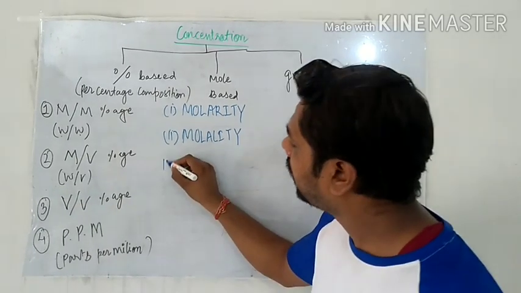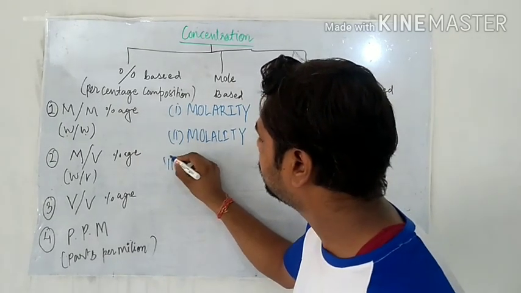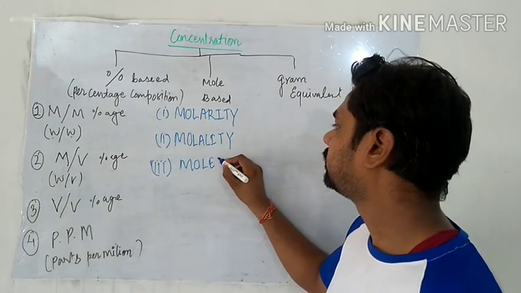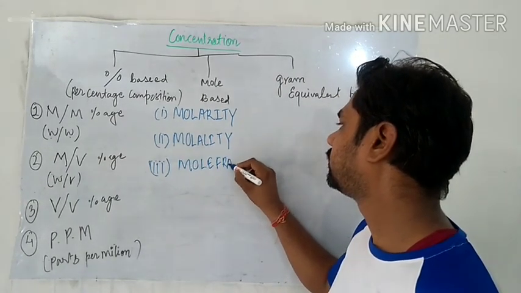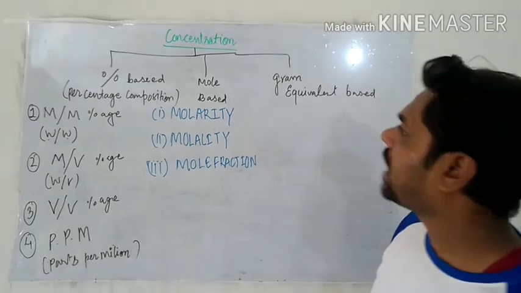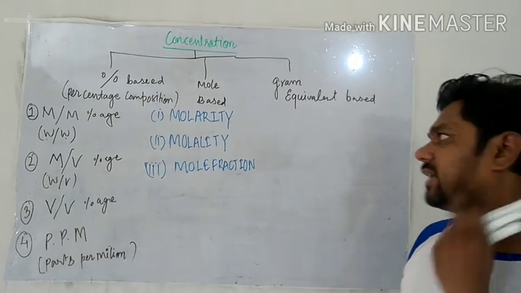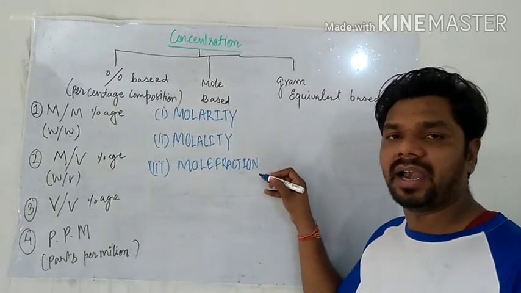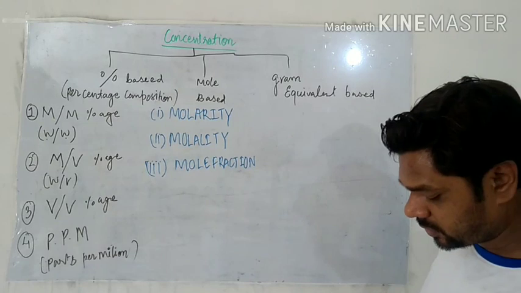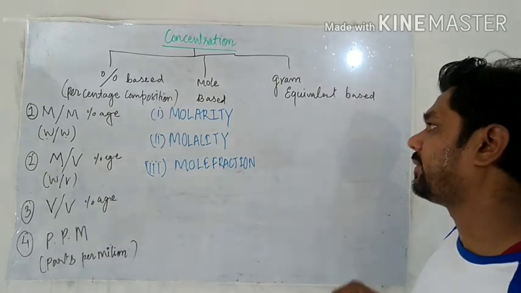Third is mole fraction. These are the three types of mole based concentration: molarity, molality, and mole fraction. And gram equivalent based concentration is known as normality.